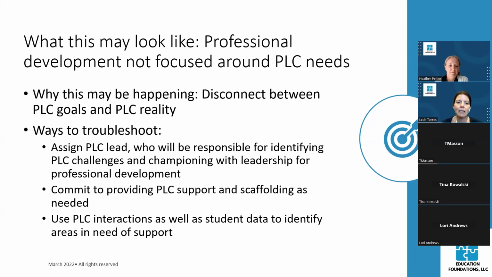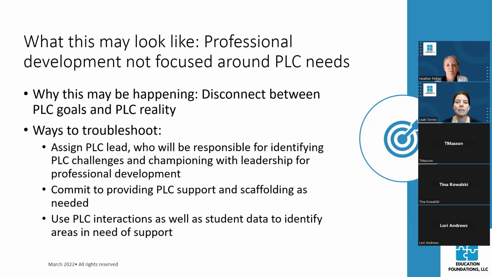So having a PLC lead to speak with administration or the coach along with the PLC could be key at each grade level. With the structure of coaches, we oftentimes don't have a PLC lead because we think the coaches are going to be responsible for that.